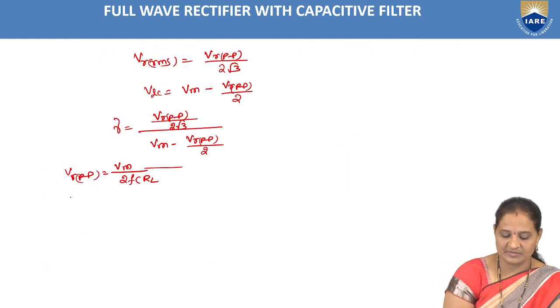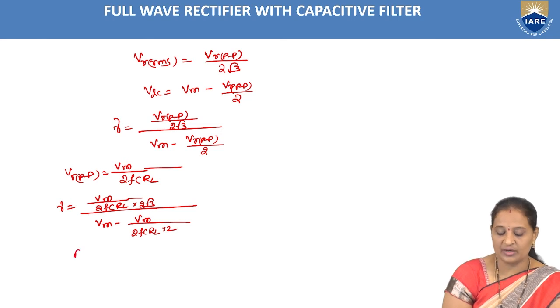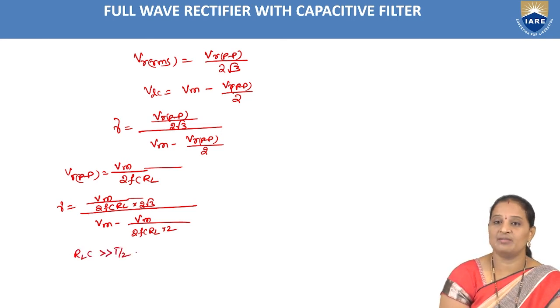Now just substitute this in the gamma equation. So Vm divided by 2 f C RL into 2 root 3, divided by Vm minus Vm divided by 2 f C RL into 2. Here we already know that RL into C is very much greater than T by 2, so I can neglect this term.